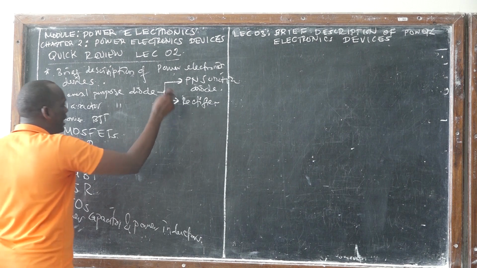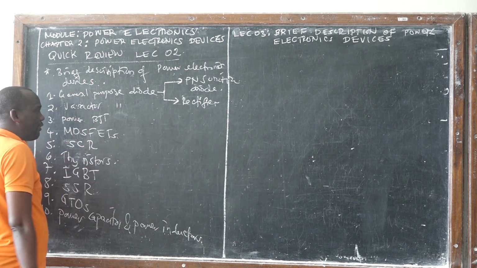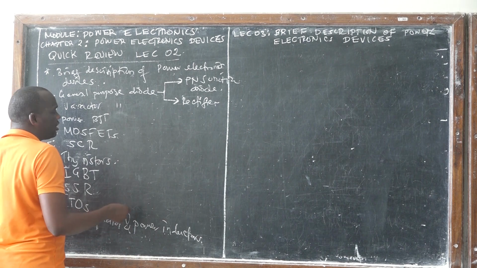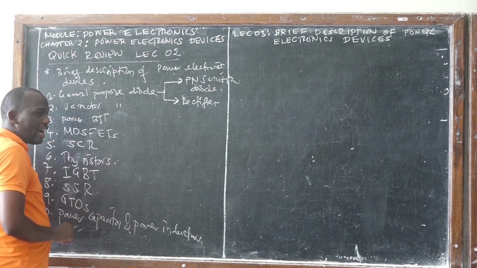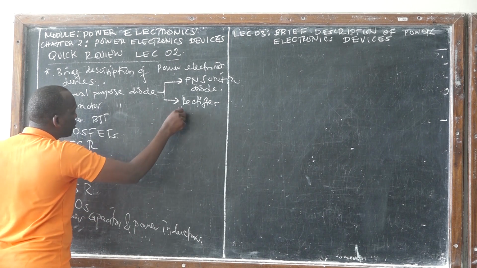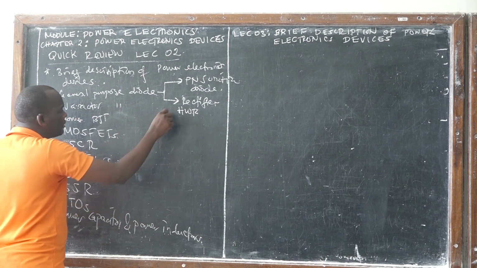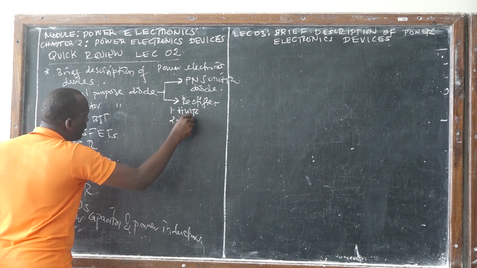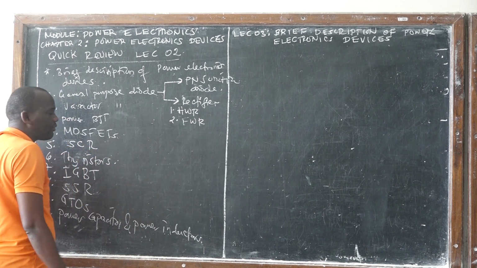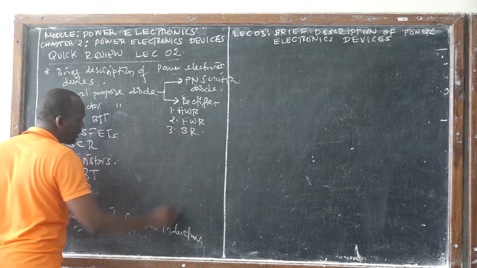So this is a general purpose rectifier diode. The rectifier is the one that we are using in power electronics, where we have 3 types of rectifier. The first one is the half-wave rectifier. The second one is the full-wave rectifier. And the third one is the bridge rectifier.